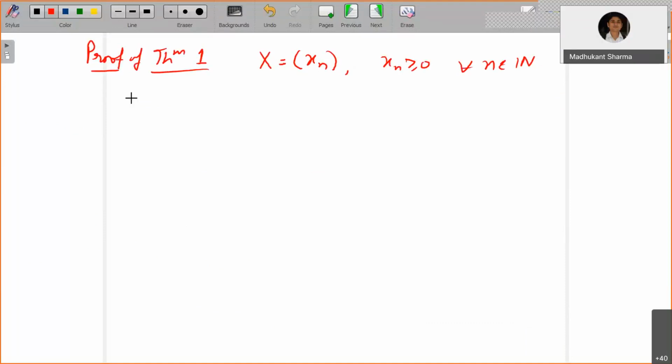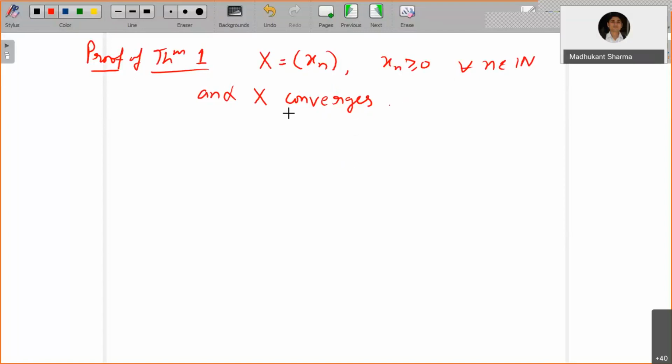Then your claim is that x converges. Right, because there are sequences which are non-negative but do not converge. You can take the sequence of natural numbers 1, 2, 3, 4, 5, 6, 7, 8. This sequence also satisfies this property.